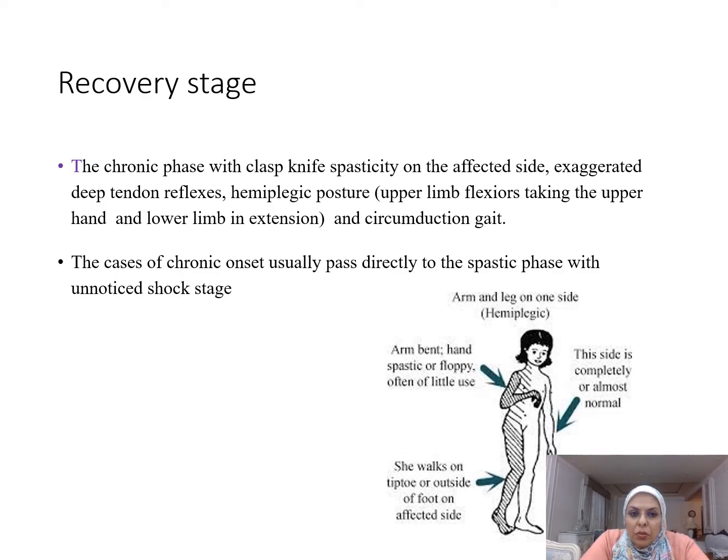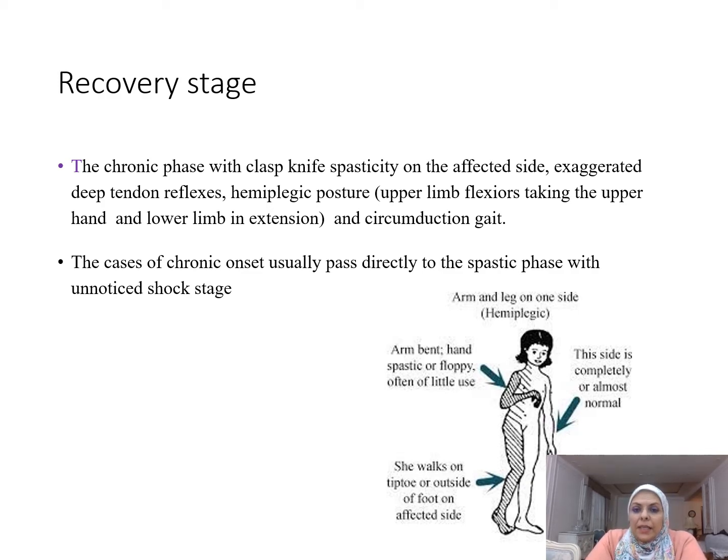Whenever the patient goes to the recovery phase, we will develop the classical hemiplegic posture, where we have clasp knife spasticity, and weakness of pyramidal distribution, which is flexion in the upper limb and extension in the lower limb. So if I have weakness due to a pyramidal lesion, the flexors in the upper limb will be stronger than the extensors, and in the lower limb the extensors will be stronger than the flexors.